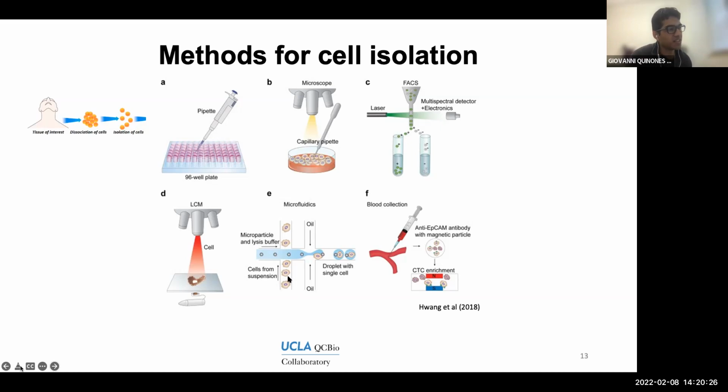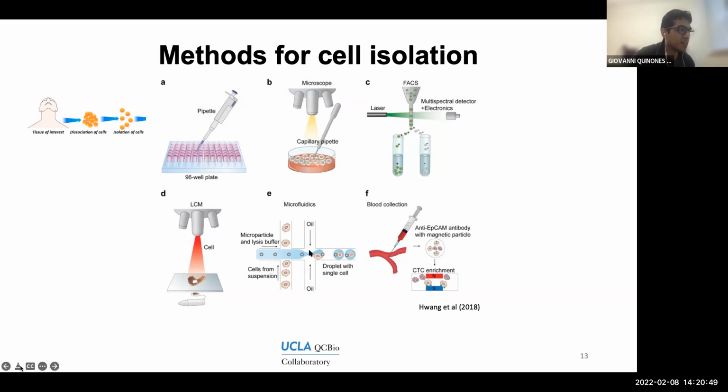The width of the channel is also designed so that you can have one cell passing at a time. And the flow of this fluid and the particles is designed in a way that you'll have roughly one cell per particle at any given space in the fluid.